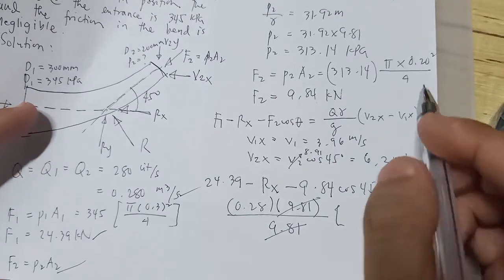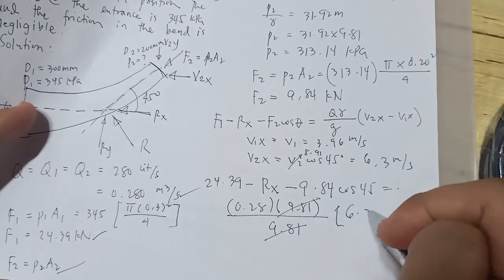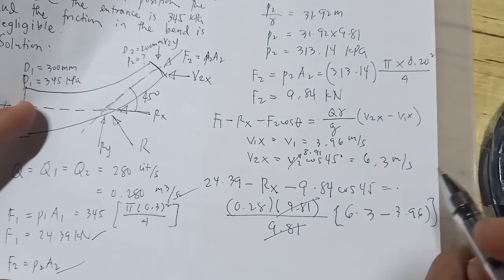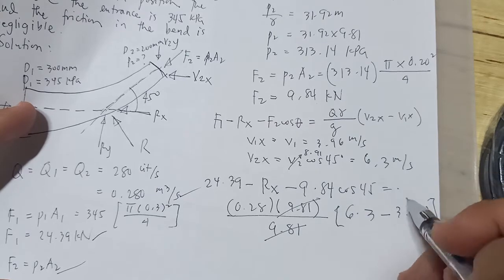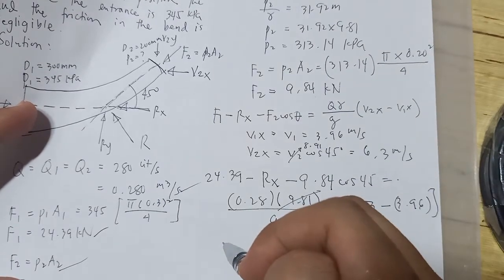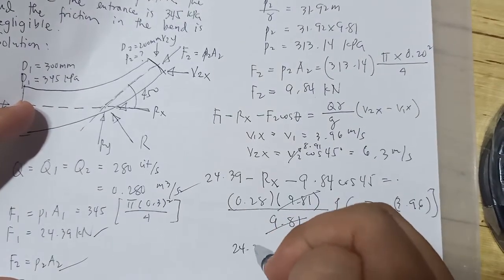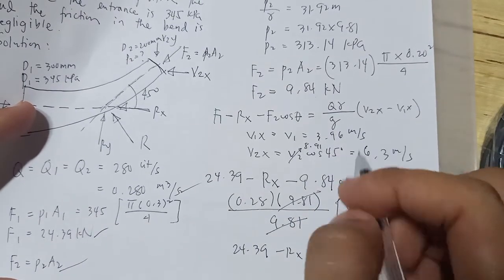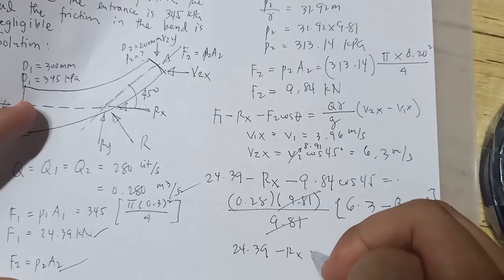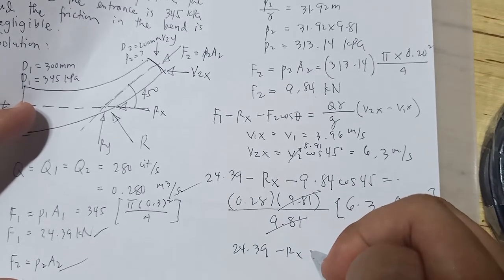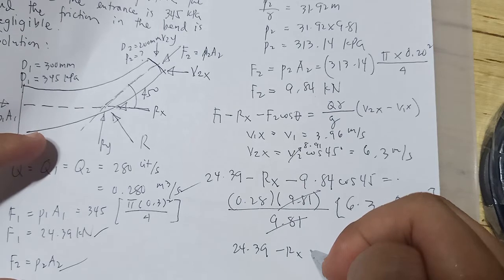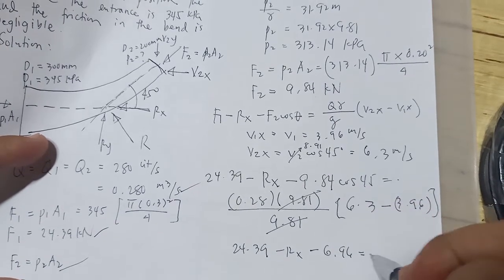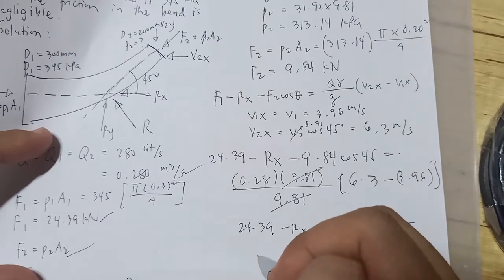So our V sub 2 is 6.3 minus 3.96. So now 24.39 minus Rx minus 6.96 equals 0.655.